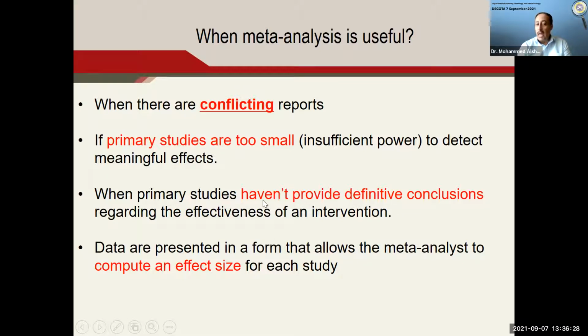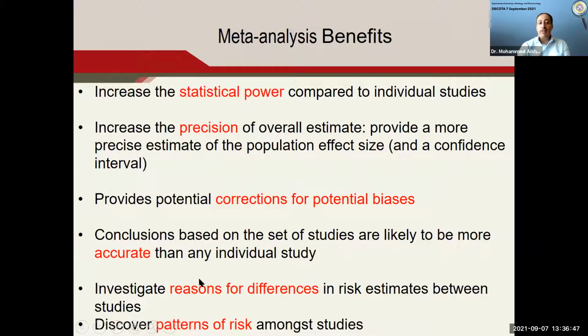So also we have to do meta-analysis if the primary studies could not provide a definitive conclusion, either because their duration of treatment is not enough or because of the sample size. So in the meta-analysis, the software computes the effect size. No need for you to understand the equation, all those things.